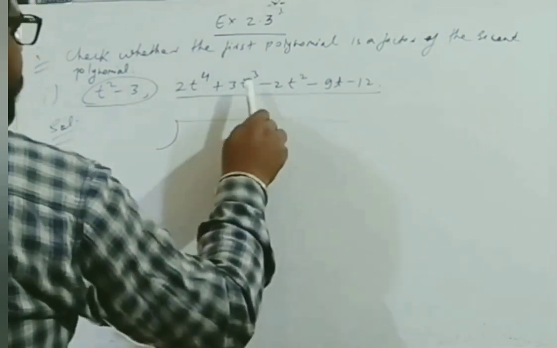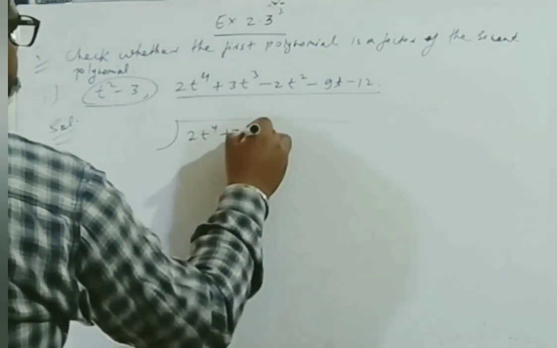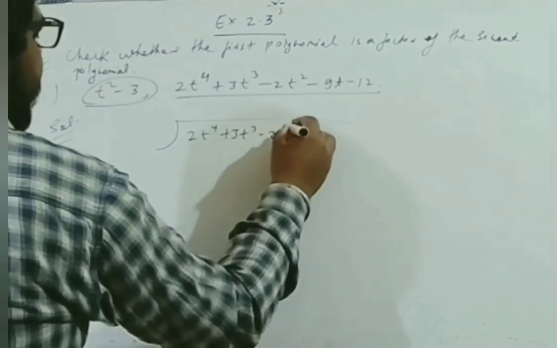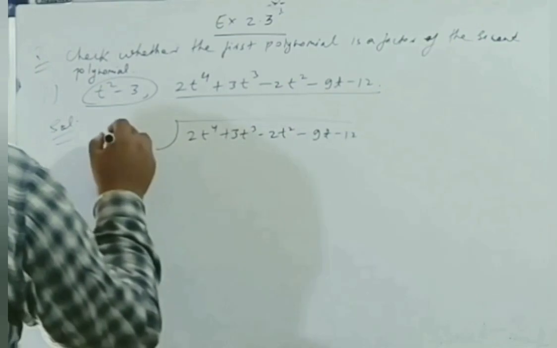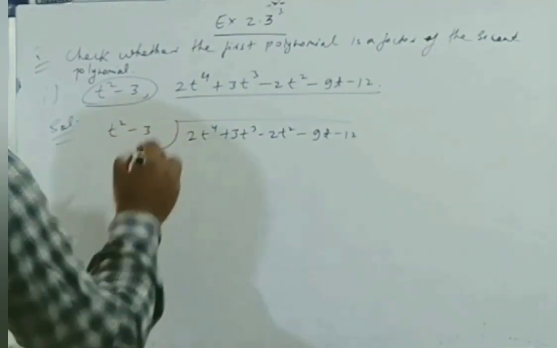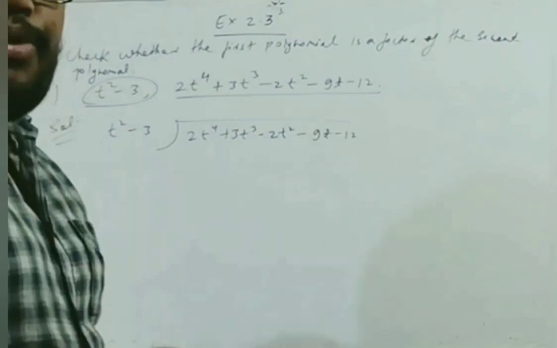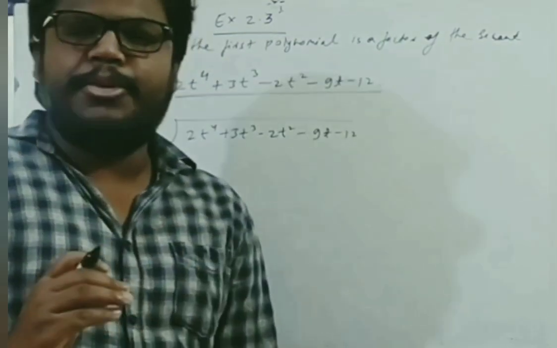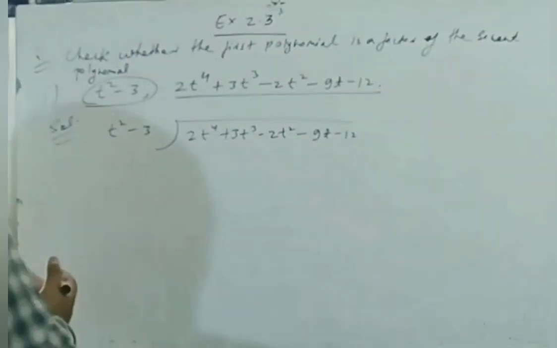Take the second polynomial as the dividend: 3t cube minus 2t square minus 9t minus 5. Again and again I am saying the same thing: this topic is most important. In this chapter, two things are important: middle term splitting and division algorithm, the division of polynomials.